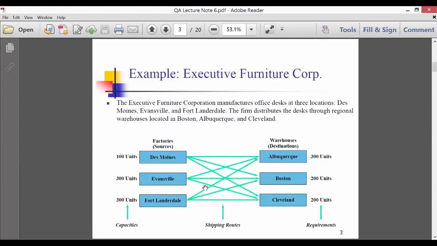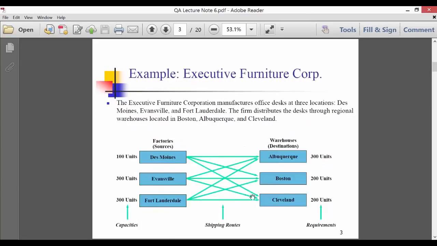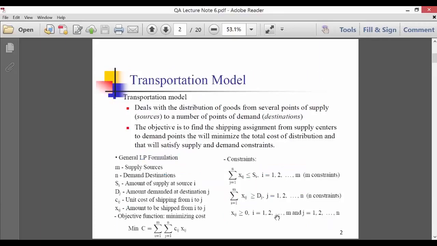And for demand constraints, x sub 11 plus x sub 21 plus x sub 31 should be larger than or equal to 300 units. And of course, do not forget the non-negativity constraint for each decision variable.